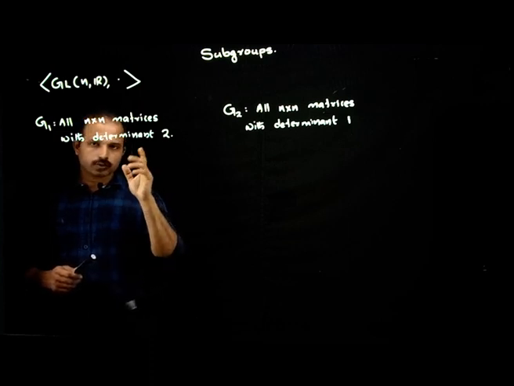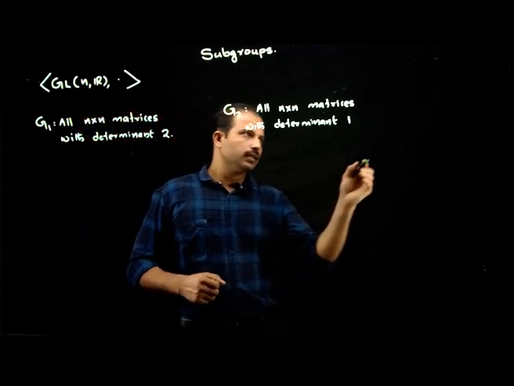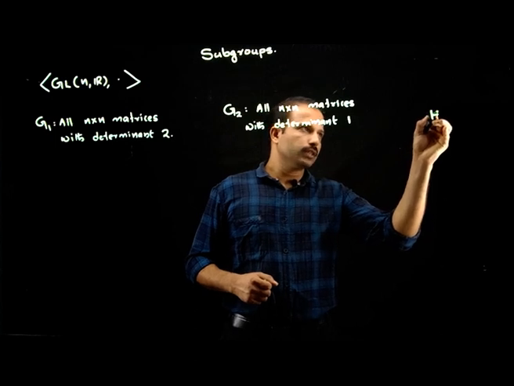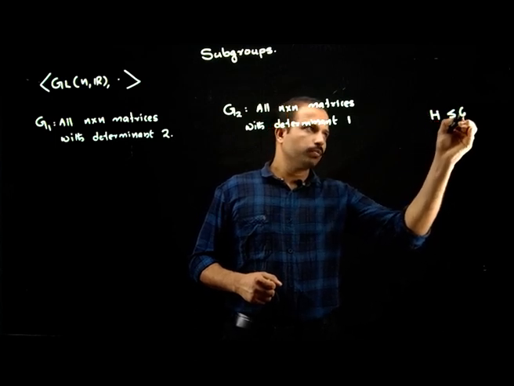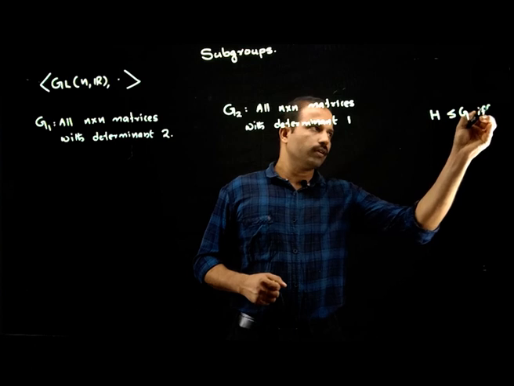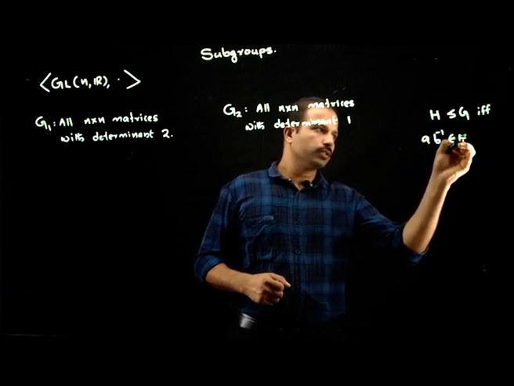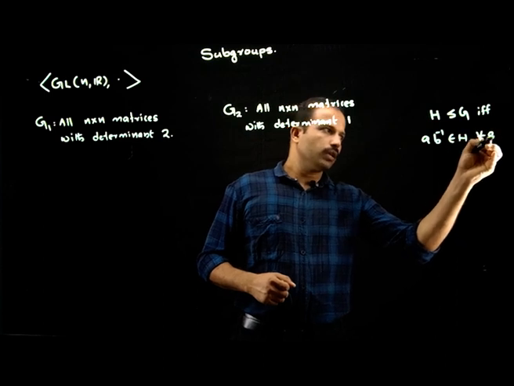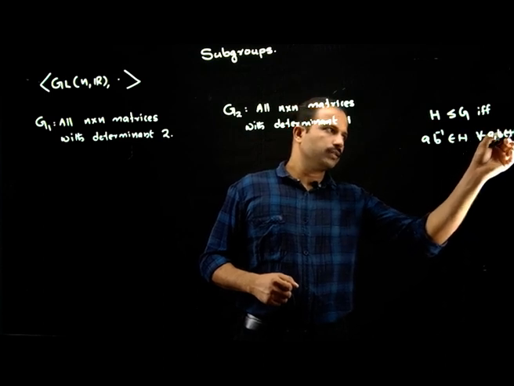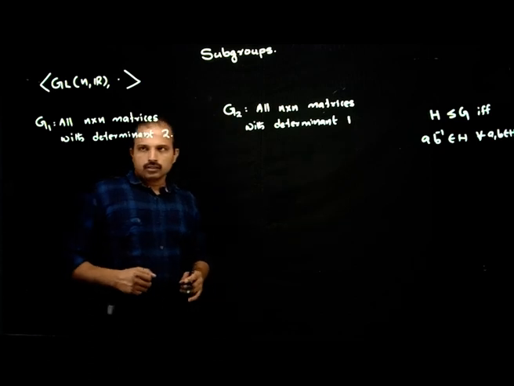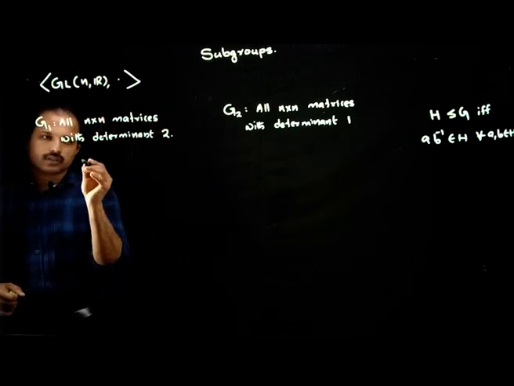We may use that result, that is H is a subgroup of G if and only if AB inverse belongs to H for all A, B belongs to H. This is the result. So you choose two elements from G1.